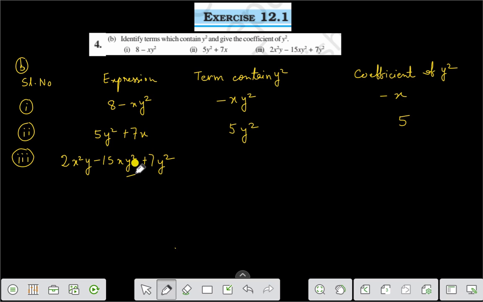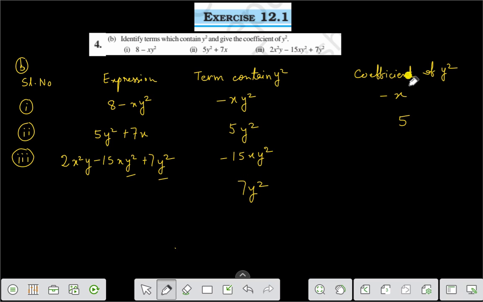Here there are two terms with y square, this one and this one, right? One is minus 15 xy square, and the other one is 7y square.